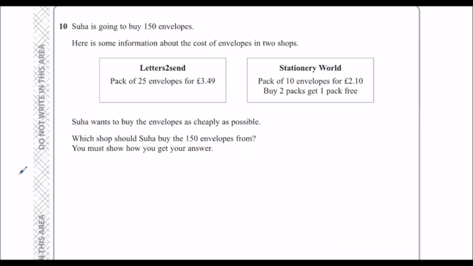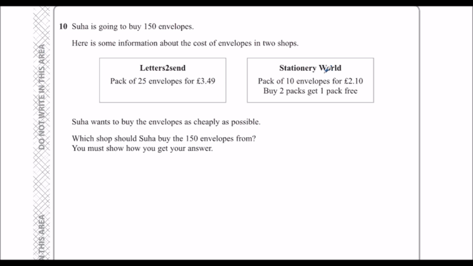Okay, question 10. Sue is going to buy 150 envelopes. Here is some information about the cost of envelopes in 2 shops. So we've got Letters to Send. 25 envelopes cost £3.49.